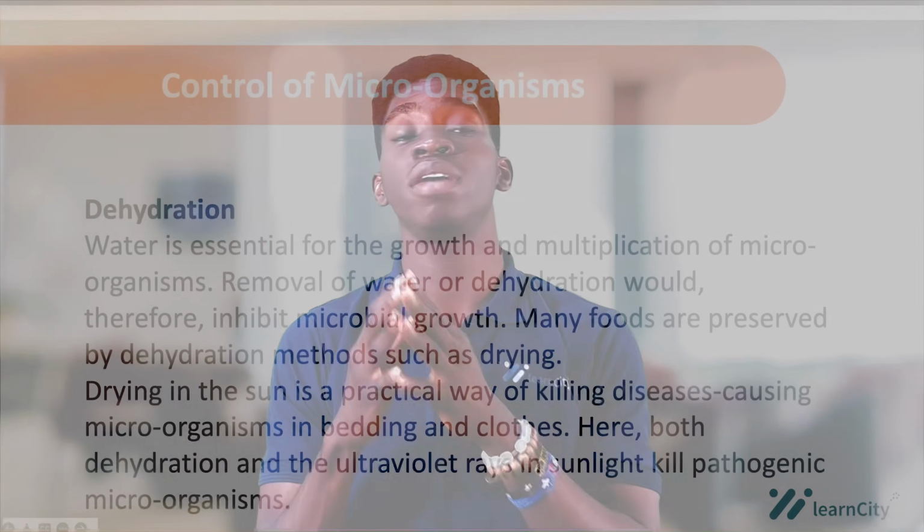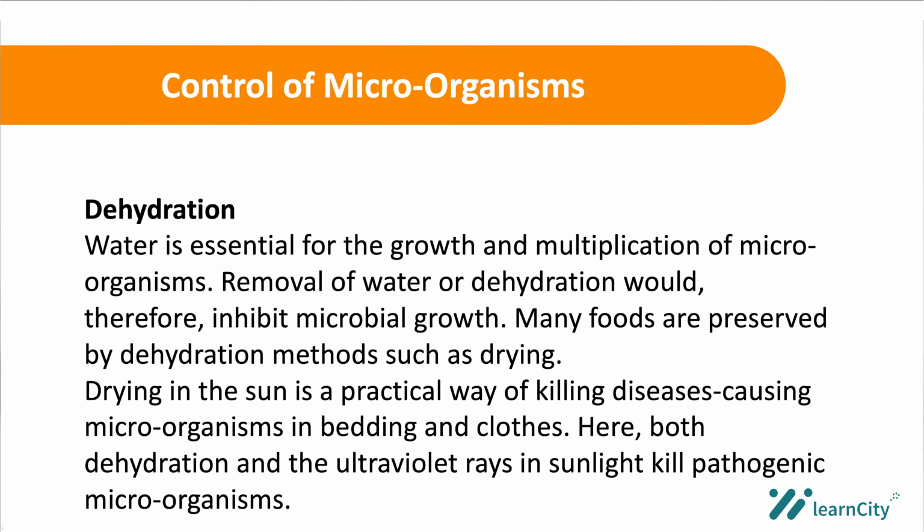And we also have dehydration. Water is very essential for the growth and the multiplication of microorganisms. So dehydration is just the removal of water, and removal of water would inhibit the growth of microorganisms. So many foods are preserved by dehydration methods. One of the dehydration methods is drying in the sun.